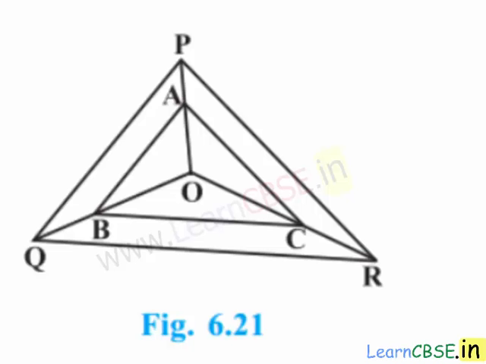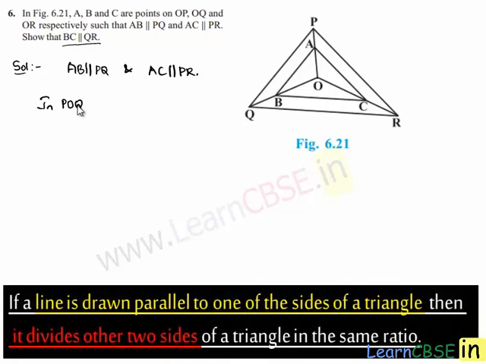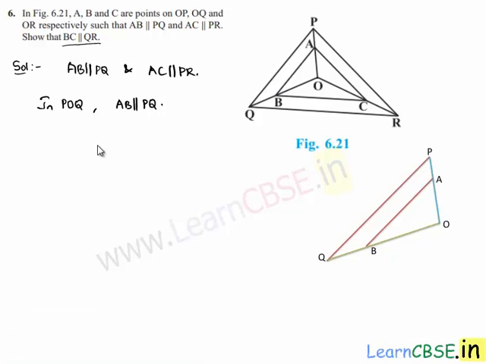So now let us consider the triangle POQ in which AB is parallel to PQ. So from the basic proportionality theorem, if AB is parallel to PQ, then we get OA by AP is equal to OB by BQ.